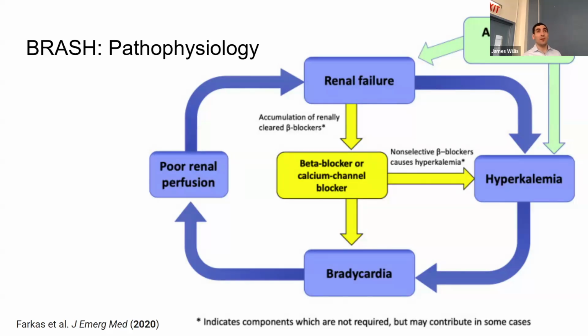Contributing factors include non-selective beta blocker medications and hyperkalemia due to Na-K ATPase inhibition, and reduced renal clearance of other culprit agents due to decreased GFR. Together, this culminates in a vicious cycle of bradycardia and hyperkalemia that begets one another. ACE inhibitors and ARBs are also independent contributors because they worsen renal function and can cause hyperkalemia themselves.